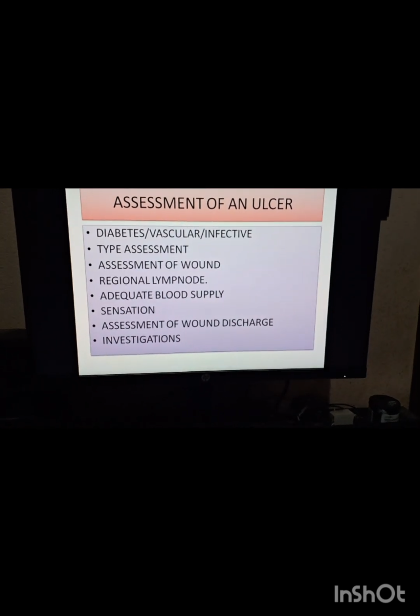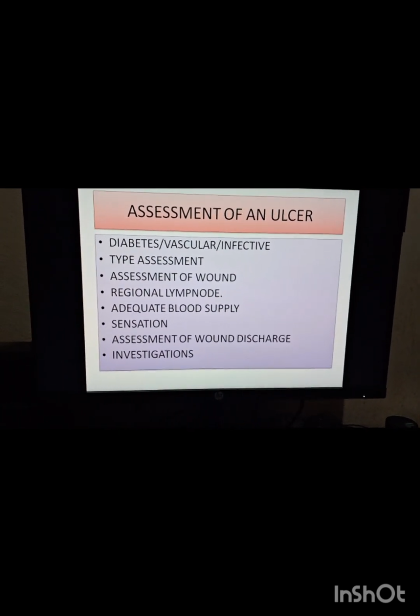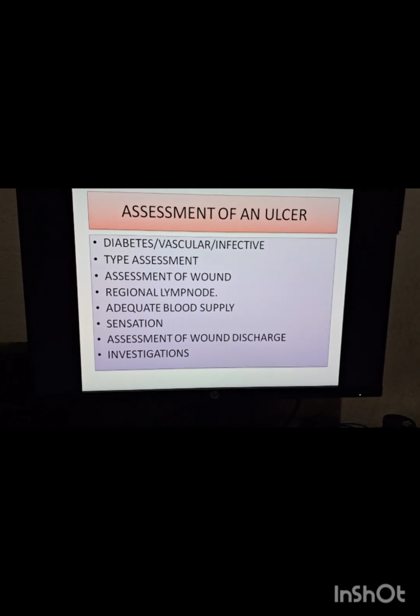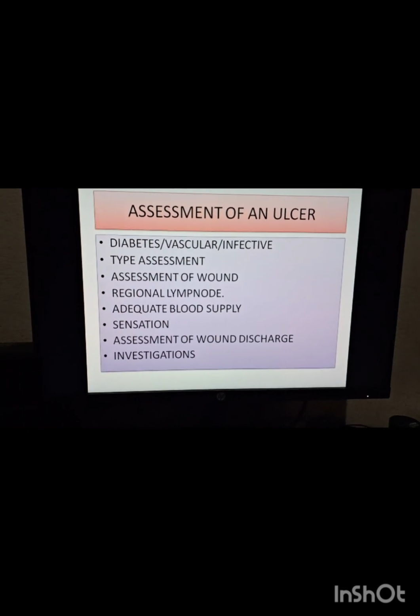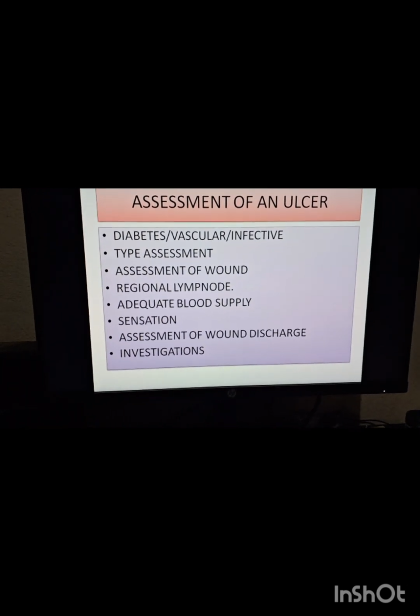Now, it's very important to assess an ulcer. It's very crucial to management because sometimes an ulcer may heal easily, but sometimes the ulcer is very difficult to manage. In case of a non-healing or chronic ulcer, it's very difficult to manage.